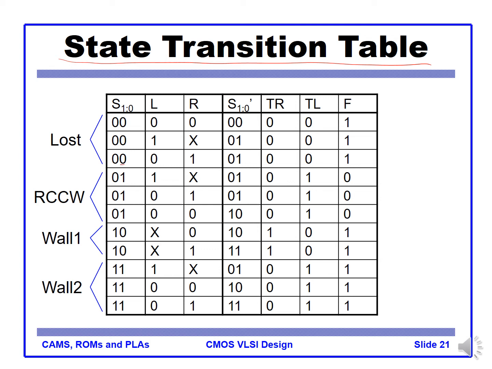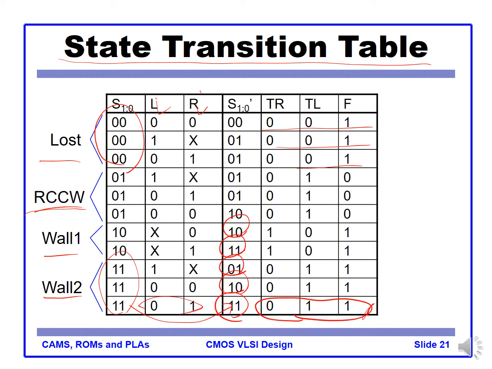In each state, depending on the input, it will generate the output. We have four states. For each of the four states we look at the left and right sensor inputs, and the next state is defined depending on the input, and the output is also defined.